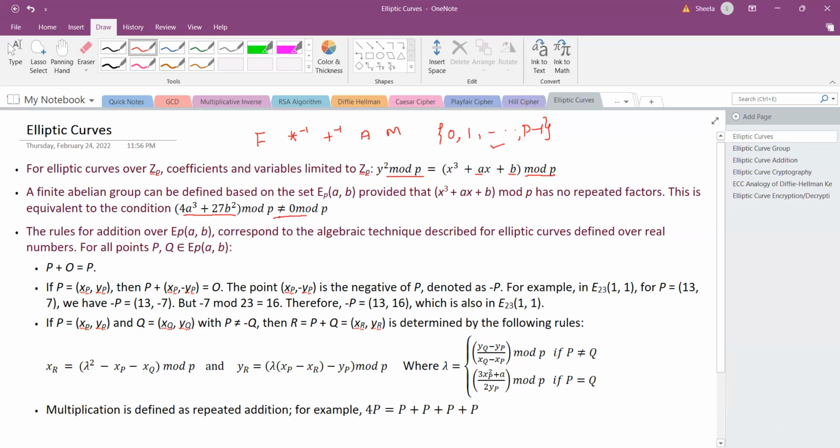If it is equal to 0, then we cannot choose these constants to generate the elliptic curve. In that case, we have to select different values of a and b and check again. Whenever the value is not equal to 0, the values we have chosen for a and b can be used to construct the elliptic curve group.